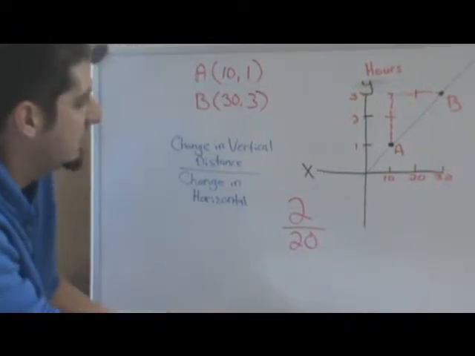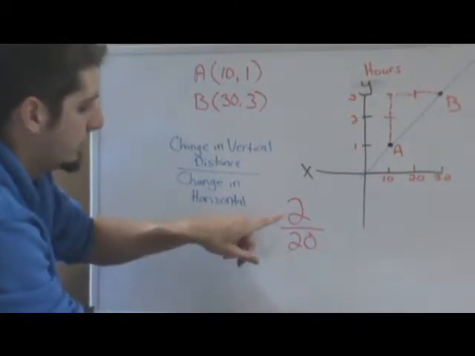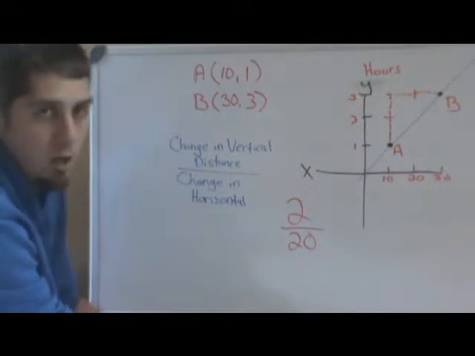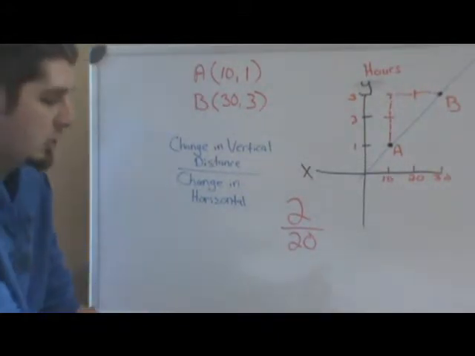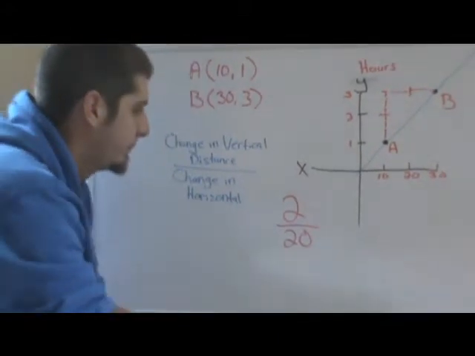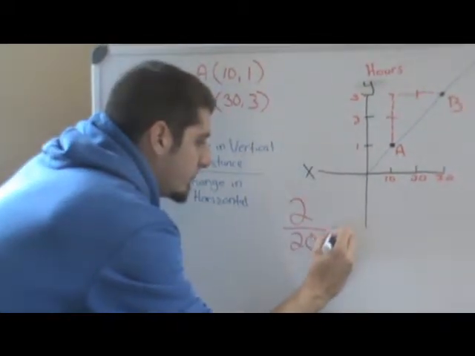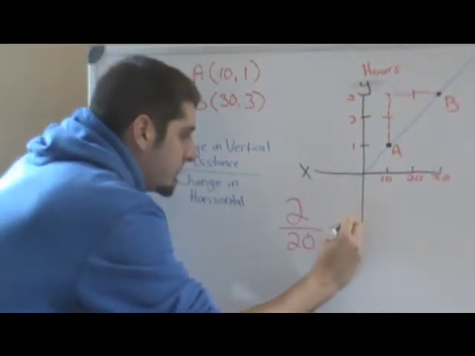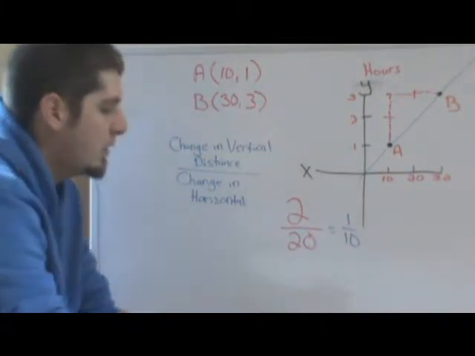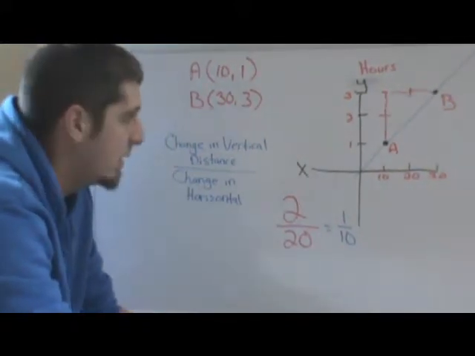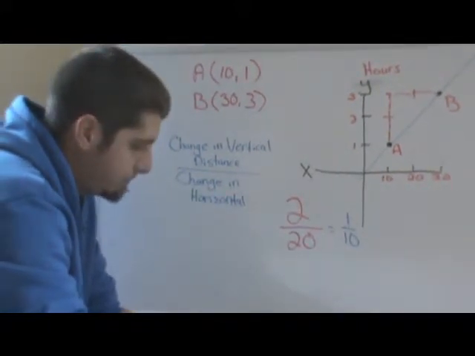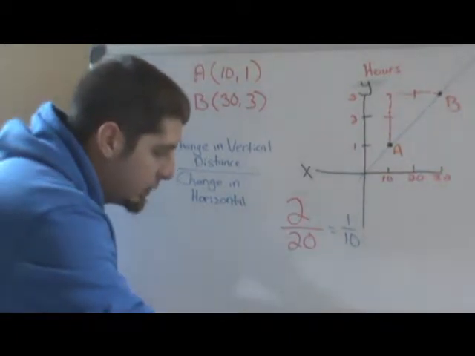So what this is telling us is that for every 2 hours worked, $20 is made. That's the rate of change, which can also be reduced to 1 over 10. So every hour you're making $10. That is how you would find the rate of change.